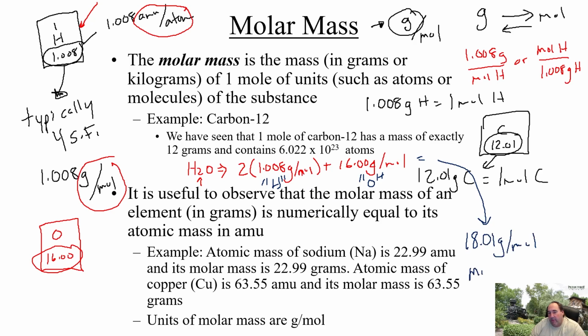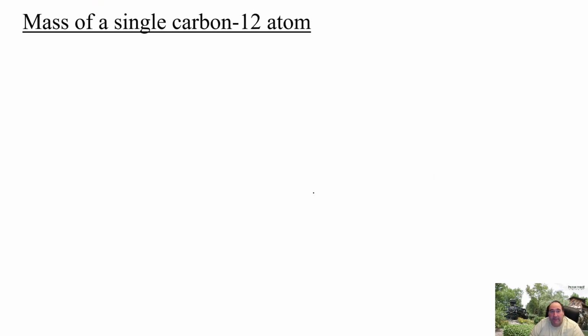And that would be the molar mass of water in this case. So molar mass of water there would be 18.01. So what can we do with that number? We could pretty much do the same thing as we did with the other. So we have our 18.01 grams per mole as our molar mass for water.